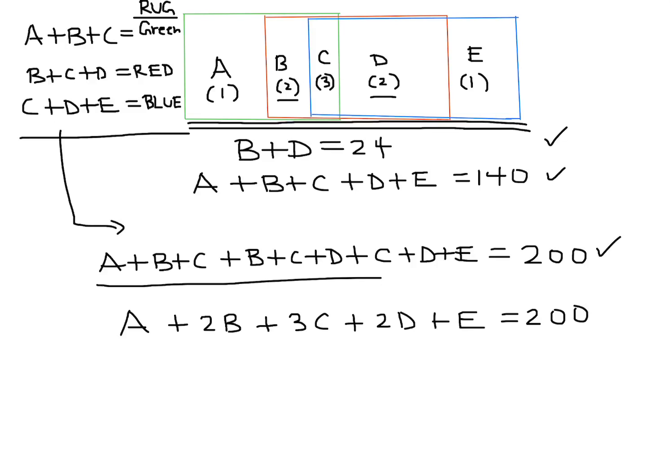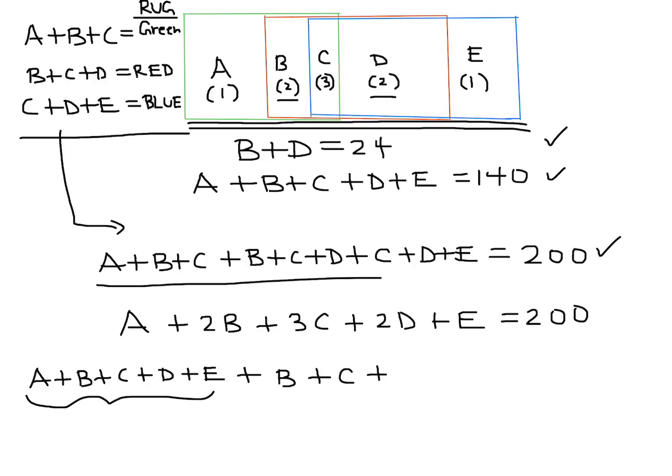And we can split this up into A plus B plus C plus D plus E, like that. And what's left is B plus C plus D plus C, like that, is 200.